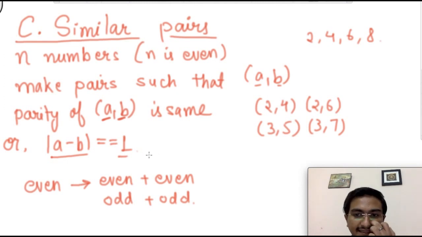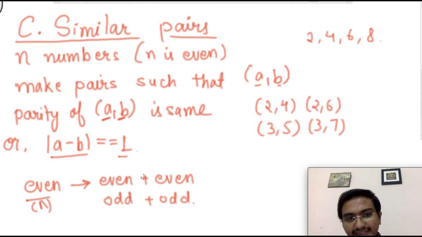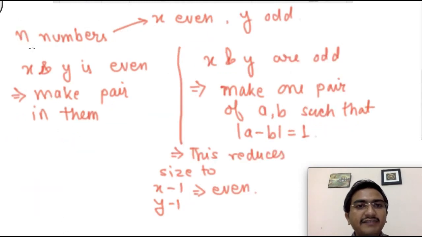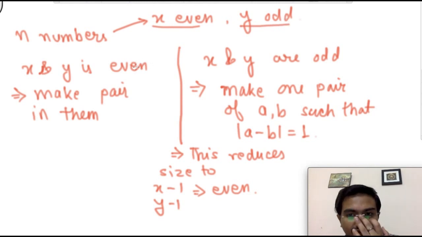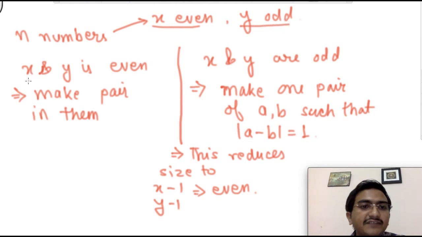Now a common concept required to solve this problem is that an even number n can be decomposed into two counts such that both are even or both are odd, then only it is possible, right? So basically if I have n numbers and x of them are even and y of them are odd, okay, if x and y are both even, because I have only two cases.